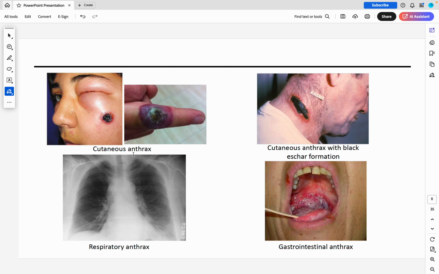Let's take a look at each. In cutaneous anthrax, the manifestation is black eschar formation, usually on the neck, face, limbs, or particularly the arm. Respiratory anthrax is inhalation affecting the lungs, and gastrointestinal affects the oral cavity down to the GIT organs.